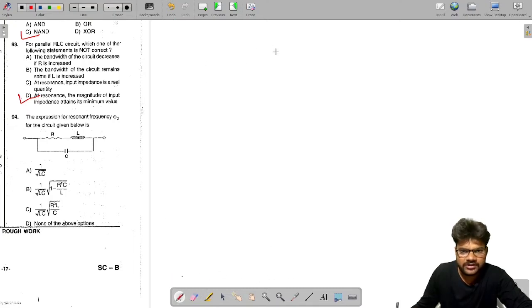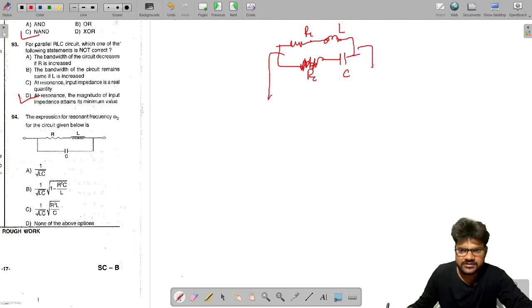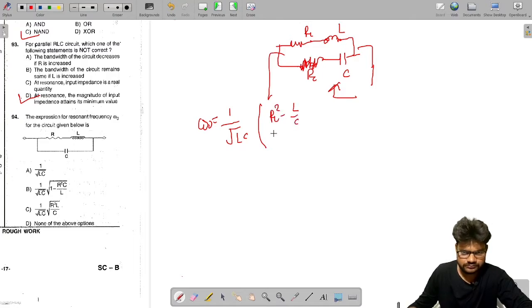So we know that if we have a resistor RL, and in series of that we have an inductor L, and a resistor RC, and in series we have a capacitor C. For this circuit we know the resonance frequency is omega naught equals 1 by root LC into (RL square minus L by C) upon (RC square minus L by C), all under root.